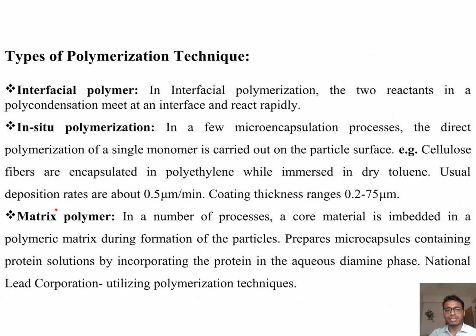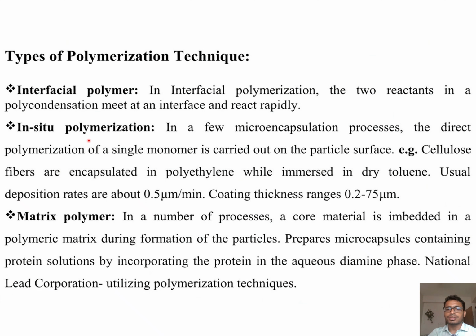And another one is matrix polymerization, where your API would be dispersed within the matrix. In interfacial polymerization, the two reactants in a polycondensation meet at the interface and react rapidly.